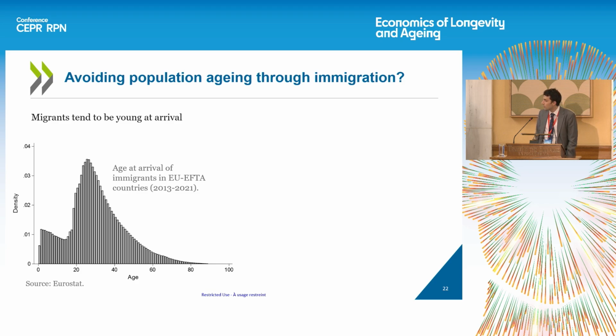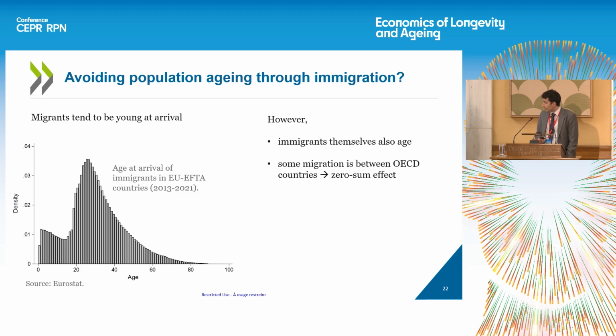You can see that most migrants are in their early 20s, and few migrants are at very old ages. However, immigrants themselves also age. This is their age at arrival. And very importantly, some migration is between OECD countries. So if we try to understand the evolution of the old age dependency ratio for the OECD as a whole, these migration flows just net out.